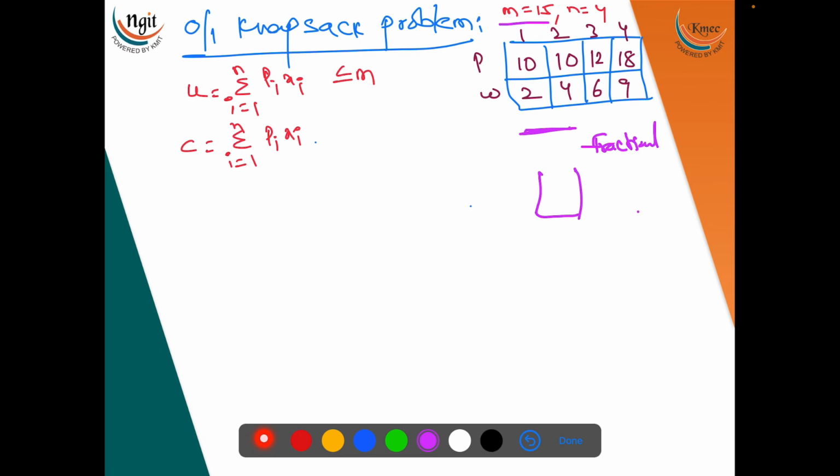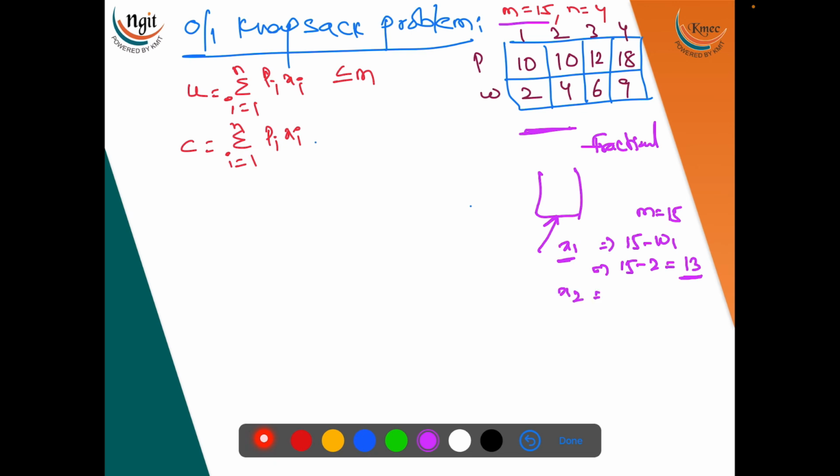So let us suppose m is equal to 15, and I am taking the x1 object into the bag. What is w1, the weight of the first object? 2. So 15 minus 2, I get 13. So still 13 kgs of weight I can utilize for the next item.